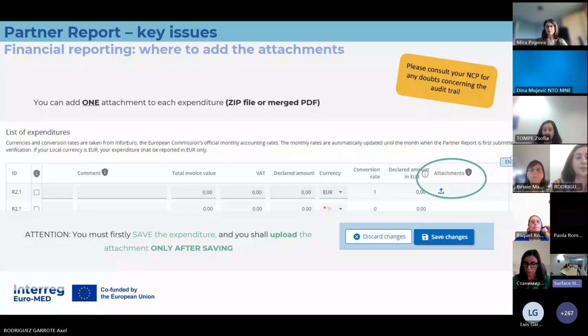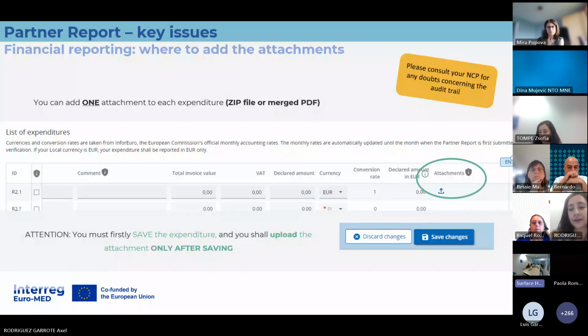The first point: we had a lot of questions about what to do with the supporting documents for an expenditure. In GEMS, it is possible to add one attachment to each expenditure. As you can see on the slide, there is an attachment column where you can upload the attachment. It should be only one PDF file or one zip file where you can arrange all the documents.